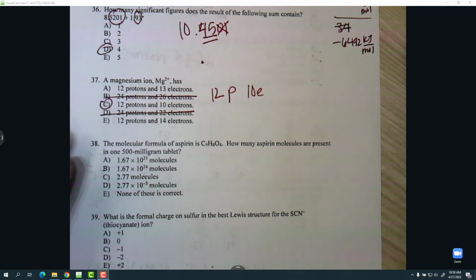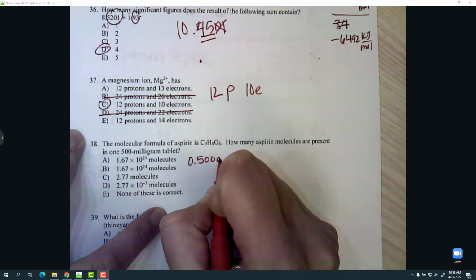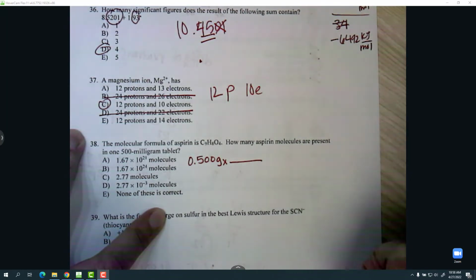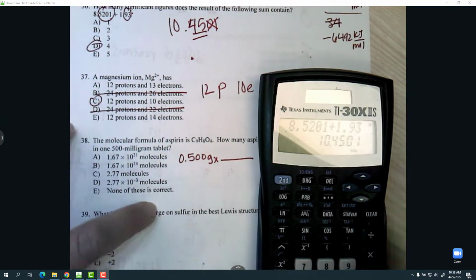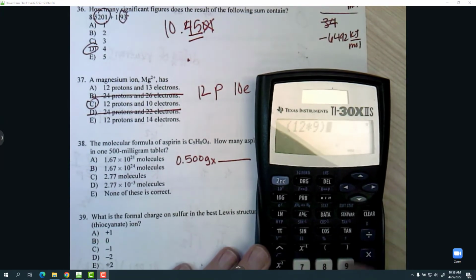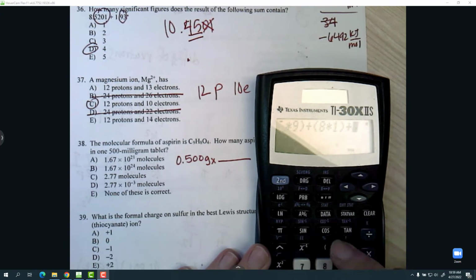All right, how many molecules are present in one 500 milligram tablet of aspirin? All right, I went ahead and just converted it to grams in my head because I know I'm going to need it in grams when I use the molar mass. Now I'm going to figure out the molar mass. 12 times 9 for carbon, 8 times 1 for hydrogen, 4 times 16 for oxygen.